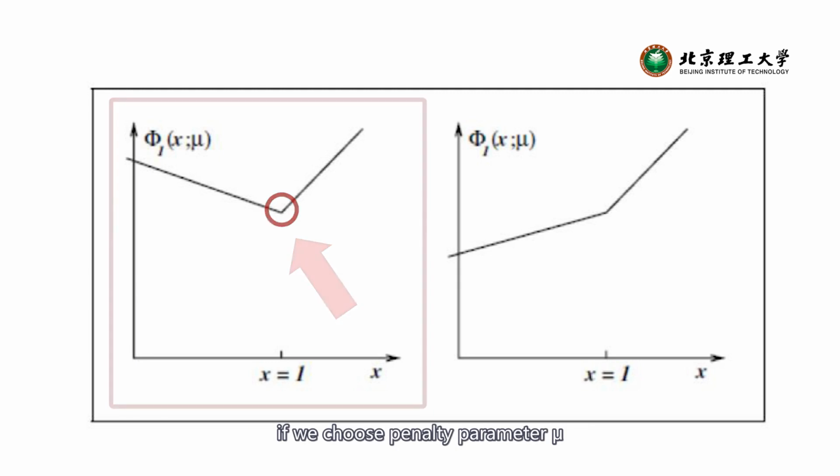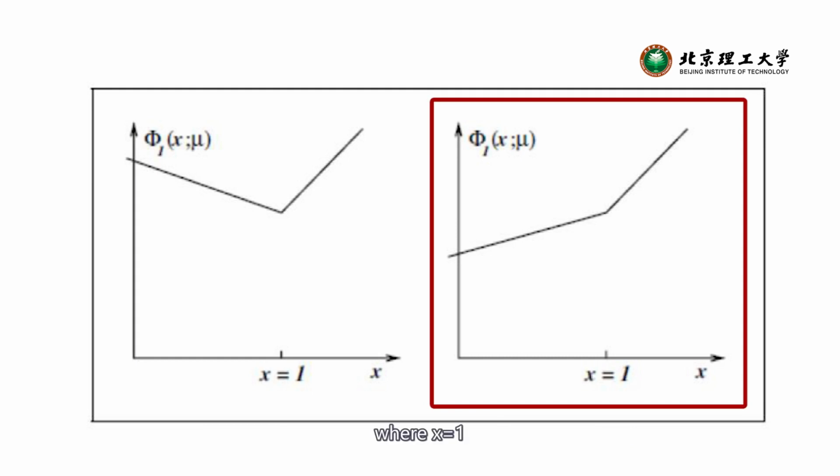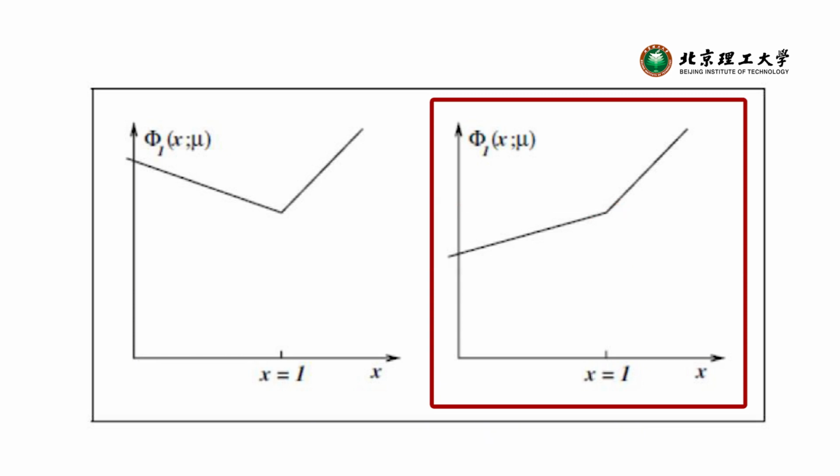However, if we choose the penalty parameter mu strictly smaller than 1, then the penalty function takes a shape like this, where x equals 1 is not the minimizer of the problem, because for the part here, we can see that this problem is unbounded. Therefore, for the L1 penalty function, the parameter mu has to be chosen carefully, and it has no need to tend to infinity.